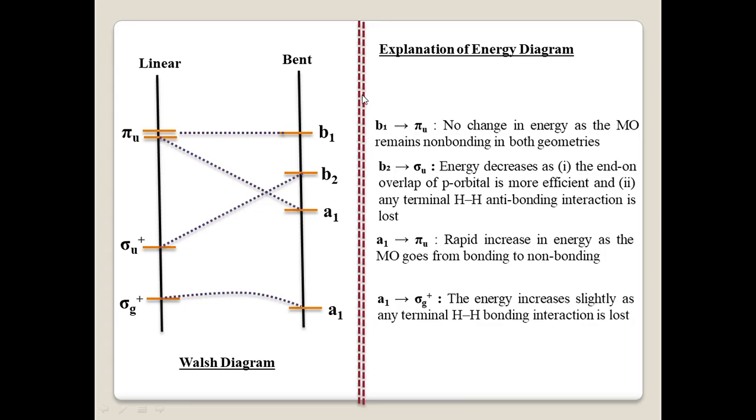So here these are the reasons for this arrangement of irreducible representations in terms of their energy. So here, see, the total valence electrons in water is 8, right? So if you just put 8 electrons, 2, 4, 6, 8.